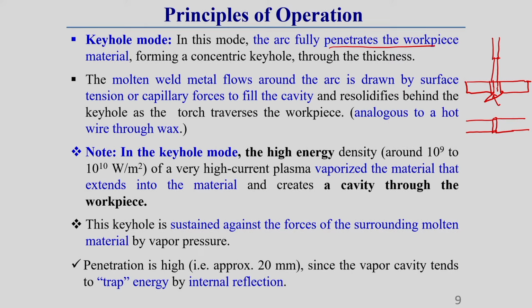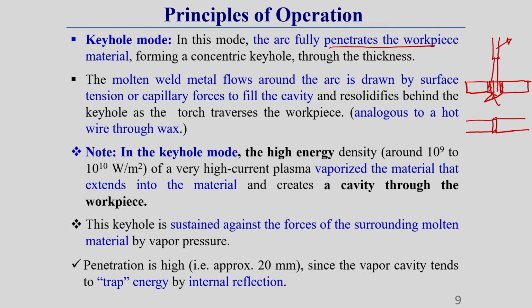Here the molten weld pool, or the molten metal flowing around the arc, is drawn by surface tension or capillary force to fill the gap. So, once the torch starts moving along the welding direction, this keyhole is filled by molten weld material, which comes into this gap by capillary flow. You know what capillary flow is, so I am not going into details.